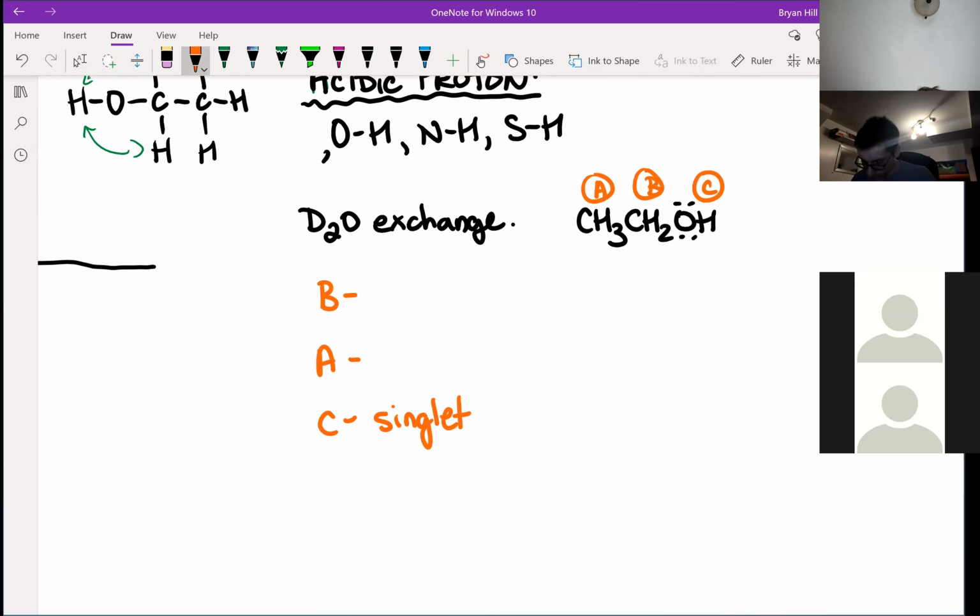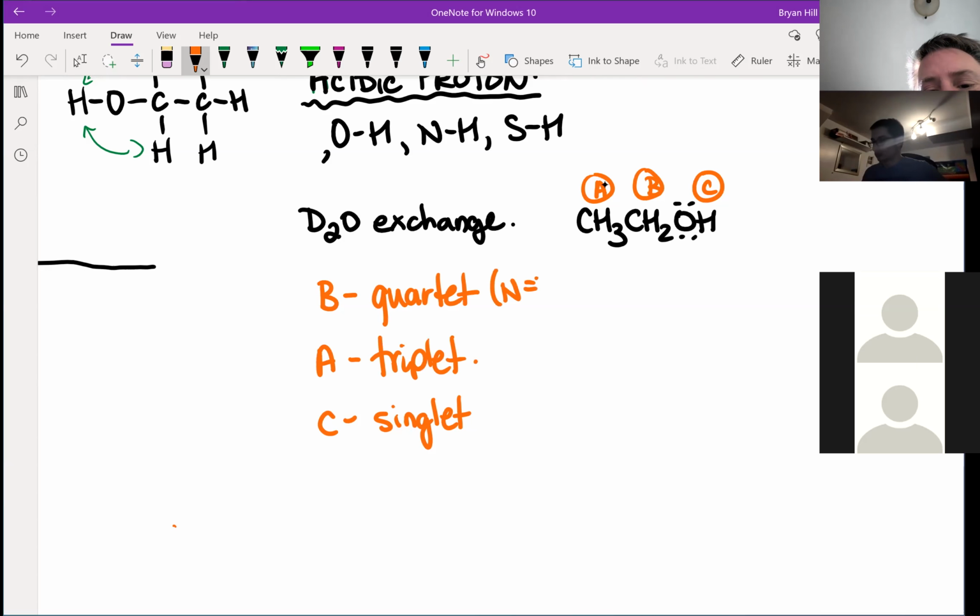B has got 3 neighbors. 3 plus 1 is 4. So B should show up as a quartet. And A, which has got 2 neighbors, 2 plus 1, should show up as a triplet, right?